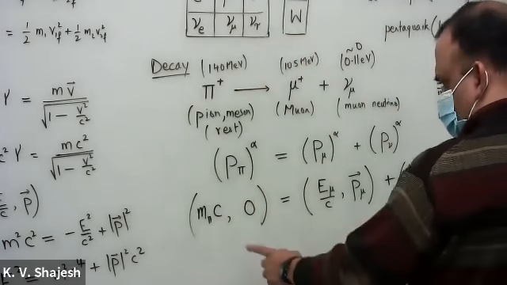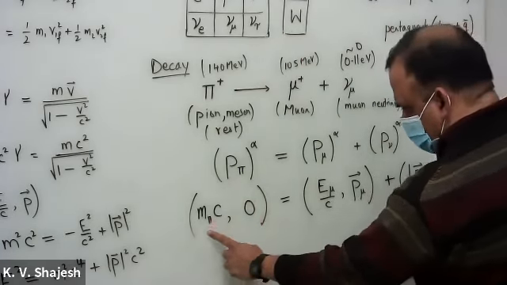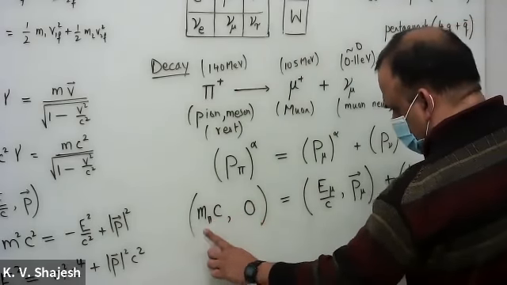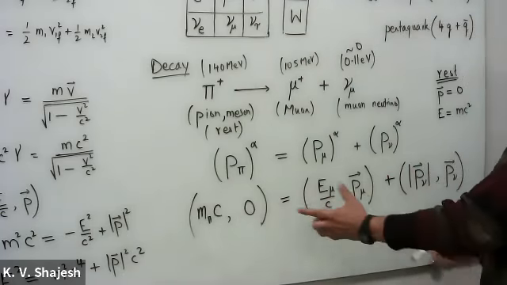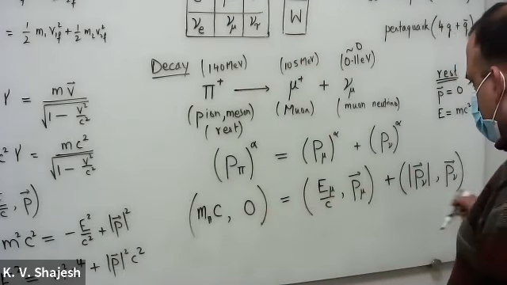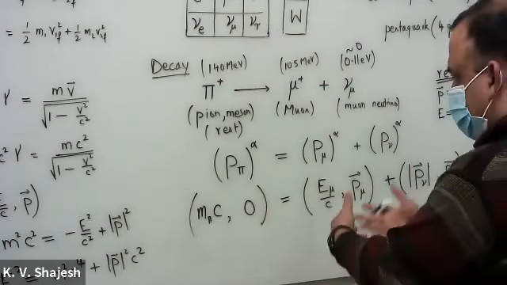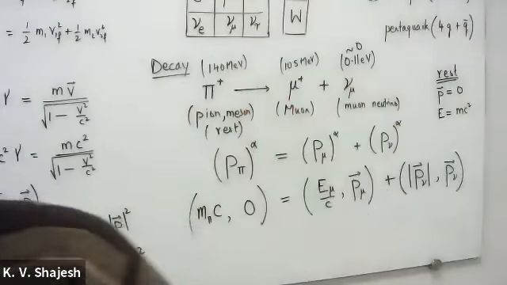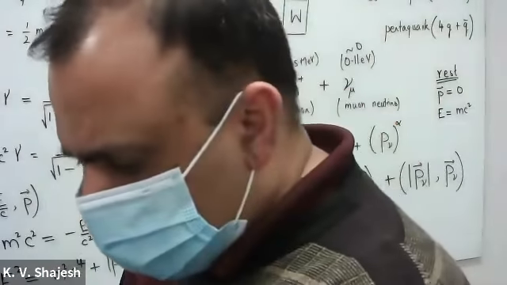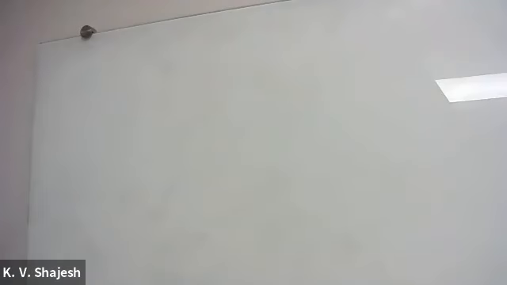That's 2 equations basically, because there is an energy component. One component says that energy is conserved. The second, meaning the spatial component, says that momentum is conserved, and there are the squared quantities also. So we get 3 relations actually. So let me write that down explicitly.